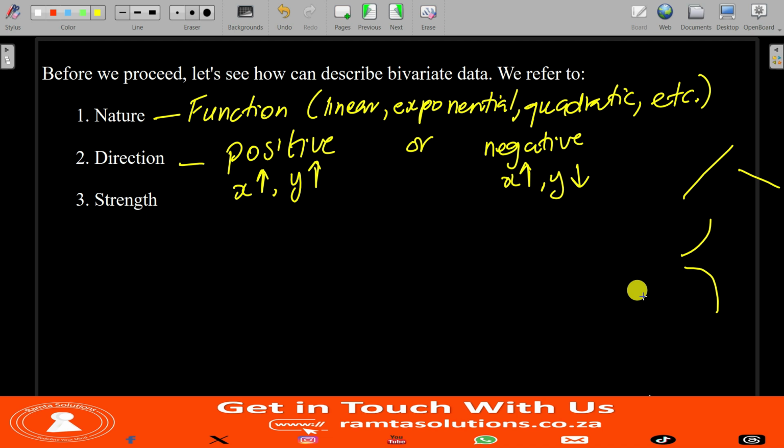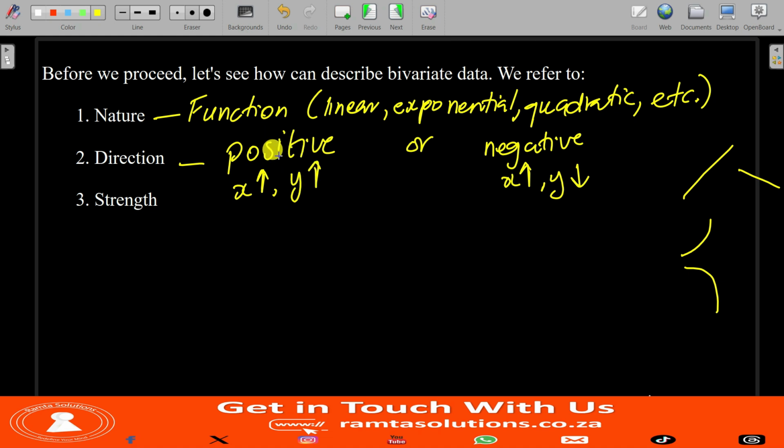Okay, so remember here, guys, when the direction of your data is positive, we're saying that when x increases, y increases. When it's negative, when x increases, y decreases. We're using x and y for simplicity, but we are basically saying that if the data on the x-axis increases, the one on the y-axis will increase.